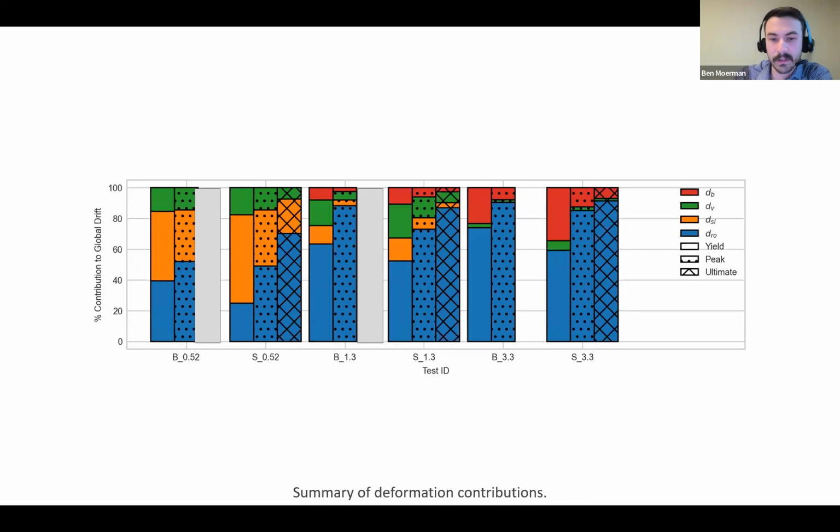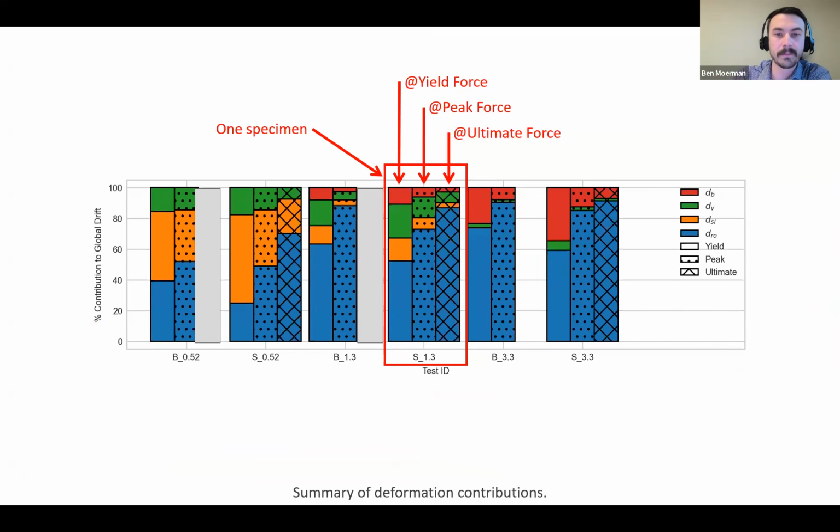This is a bit of a description of how each of the walls deformed, and there's a lot going on, so I'll just explain how this graph is set up before I try to draw any conclusions or highlight anything. If we look at each cluster of 3 bars, this is one test specimen.